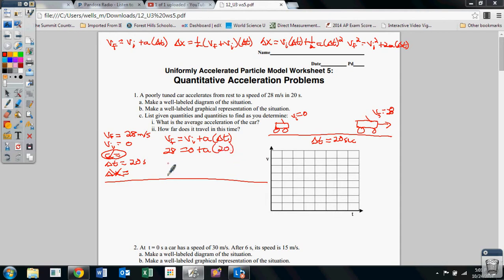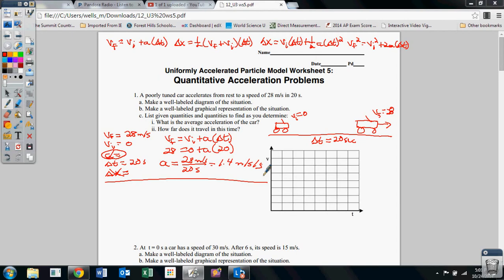And if I'm solving for the acceleration, I'm going to divide both sides by 20. So that's going to be 28, and that's the velocity, so that would be meters per second. And I'm dividing by a time of 20 seconds. So I did this previously. That turns out to be 1.4 meters per second per second.